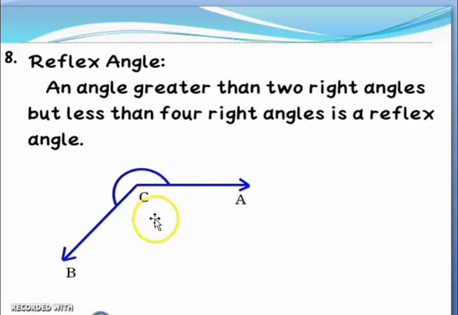In this figure, angle ACB is a reflex angle. This angle ACB, or we can say BCA, is a reflex angle, that is, it is greater than 180 and less than 360 degrees.